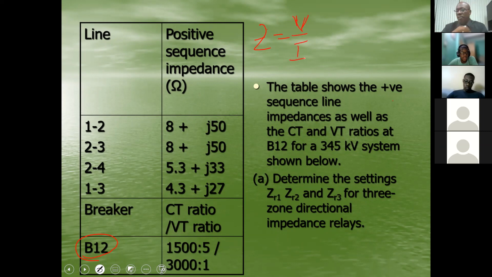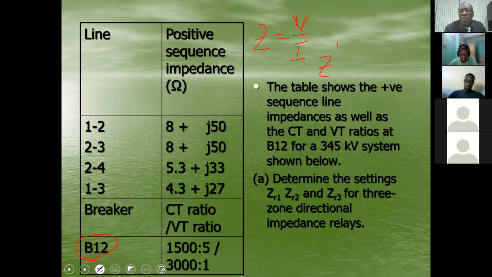over I. But remember now that this current, and this voltage, is being supplied by your VT and your CT. All right? So the actual Z that will be seen, let's call that Z prime.